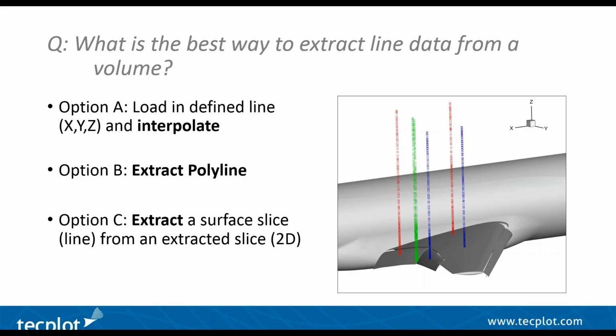The second option is extracting a polyline, and by polyline I mean a geometry that's defined by 2 locations. You can define exact locations of the XYZ coordinates of the polyline in the Tecplot macro language, and 2017 R2 will have a feature called extract precise polyline, where you can define two locations and extract an evenly distributed set of points between those two locations.